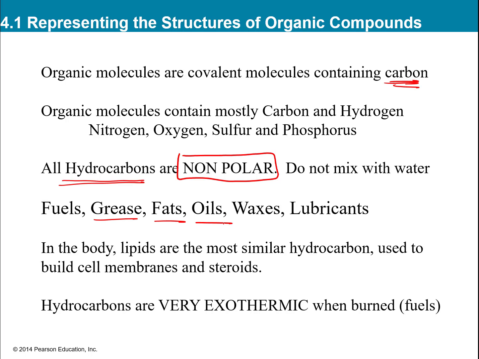Fuels as well. So we're going to talk about sort of names of them. They're going to look sort of familiar because they are very commonly found in your fuels. And when fuels burn, they're extremely exothermic, right? So heating oil. If you burn wood, lots of carbon atoms there. In terms of living things in the body, we have what are called lipids. So lipids are really fats and oils.